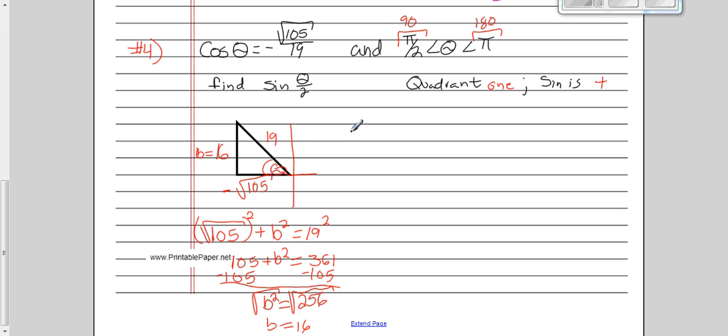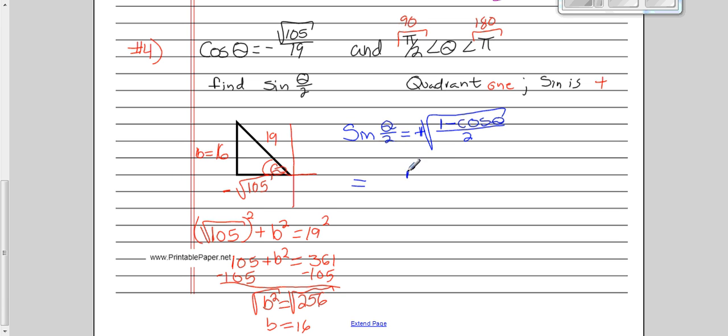So I'm trying to find sine, so I'm using sine of theta over 2, half of theta, is equal to, now I'm dealing with the plus, so the plus portion, the square root of 1 minus cosine theta over 2. Okay, and just let me plug that in. So now I'm going to plug the values in from over here.